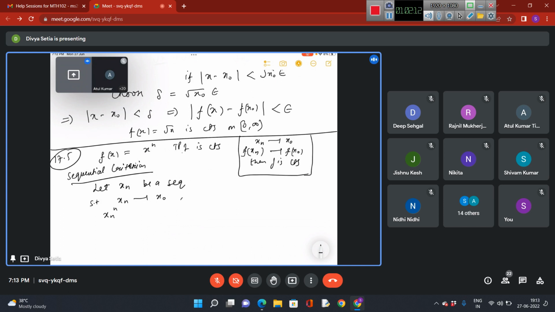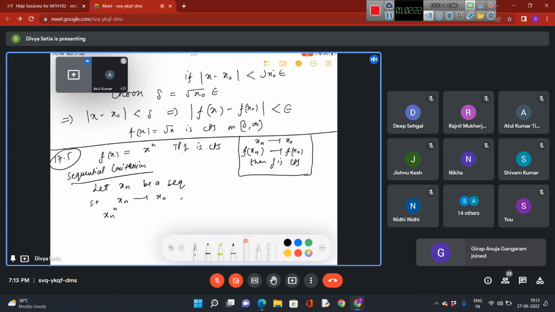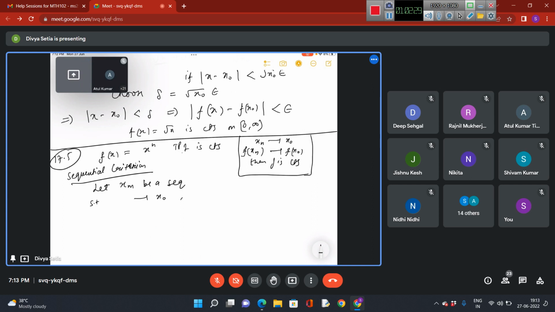Because there is a lot of n here, let's say xm. If xm converges to x naught, xm raised to power n converges to x naught raised to power n, by algebra of sequences.